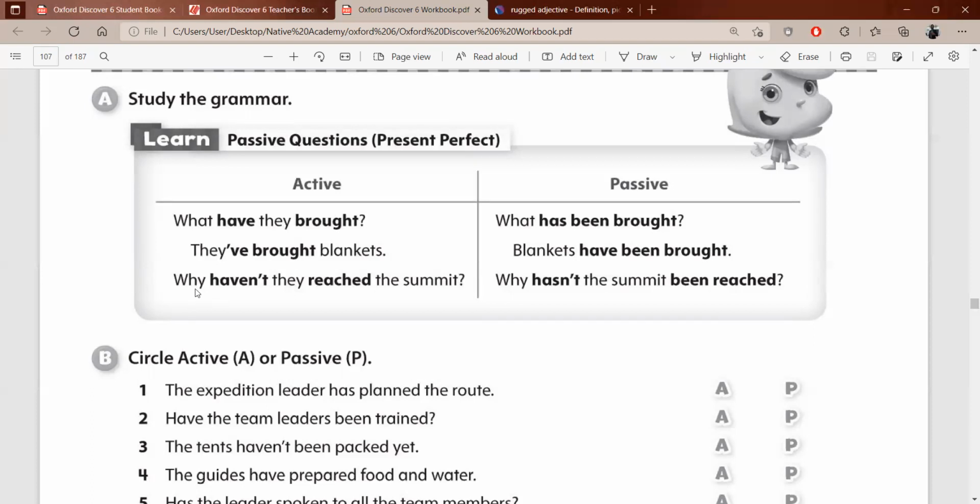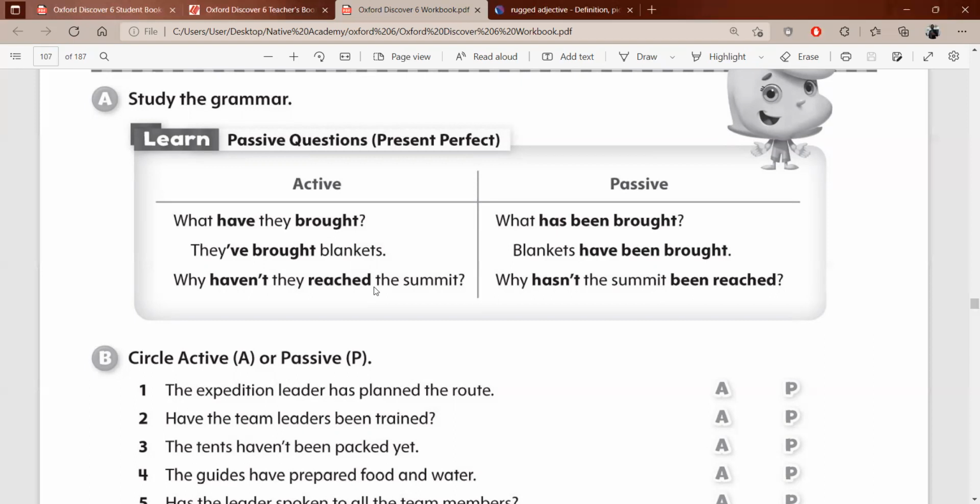You read that question. Why haven't they reached the summit? Okay, what about the passive one? Why hasn't the summit been reached? Can you explain what we did here to transform from the active to the passive? We changed have to has.